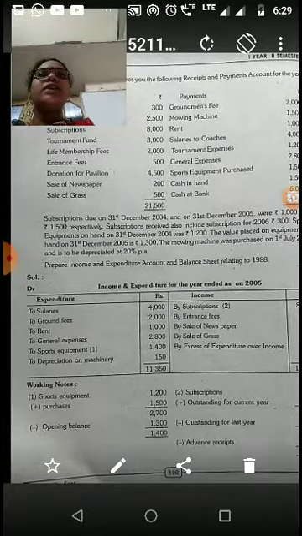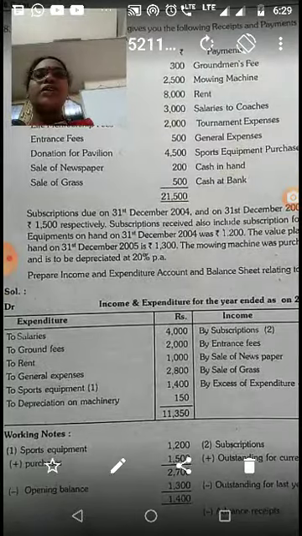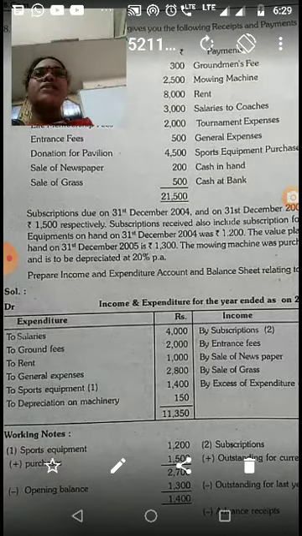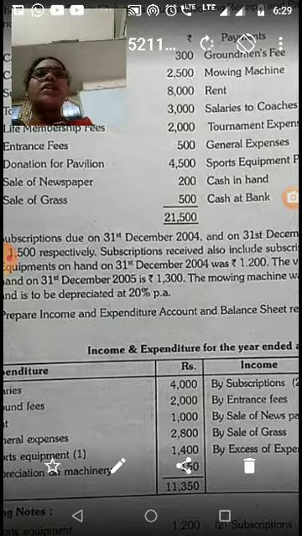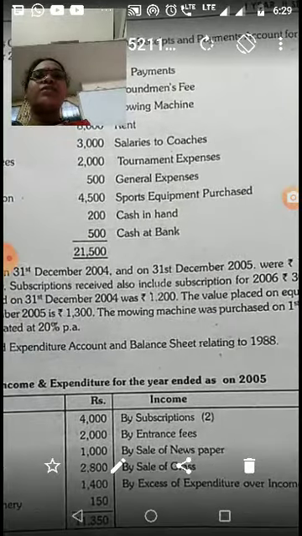Receipts side: cash in hand 300, cash at bank 2500, subscriptions that is 8000. Then tournament fund is 3000, life membership fees 2000, entrance fees 500, donations for pavilion 4500, sale of newspaper 200, sale of grass, that is 500. The total is 21,500.